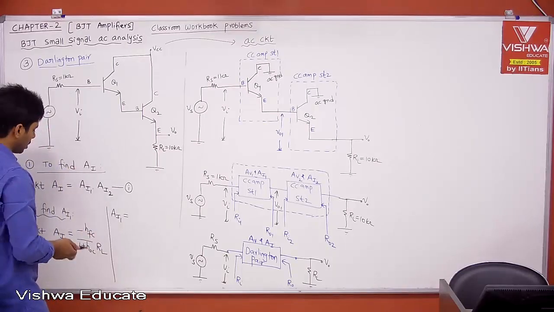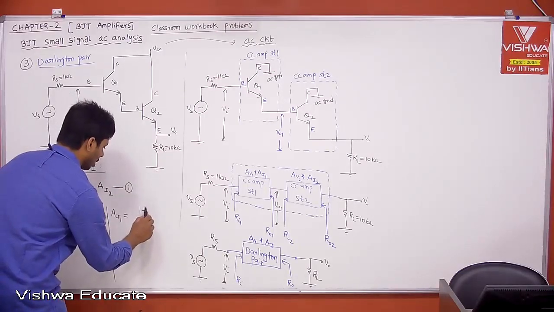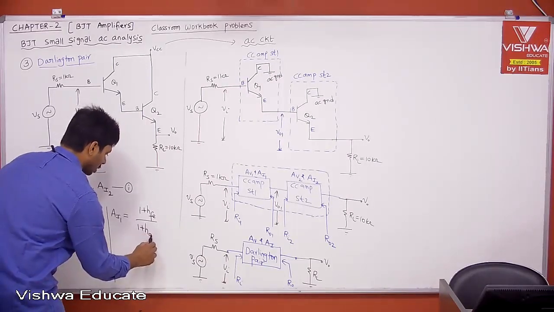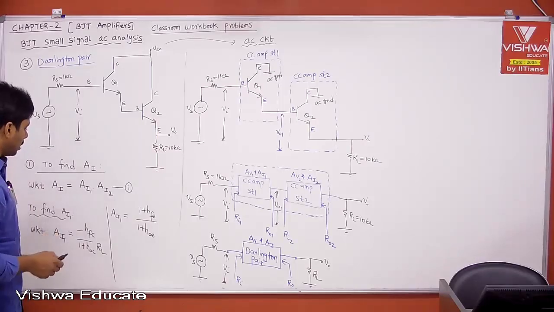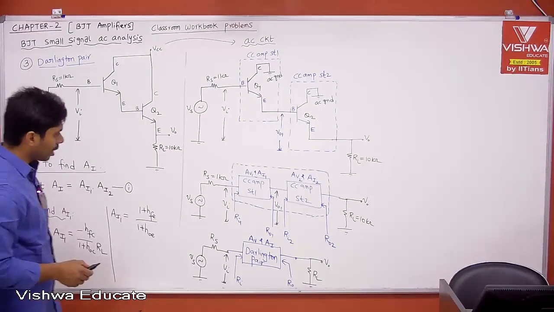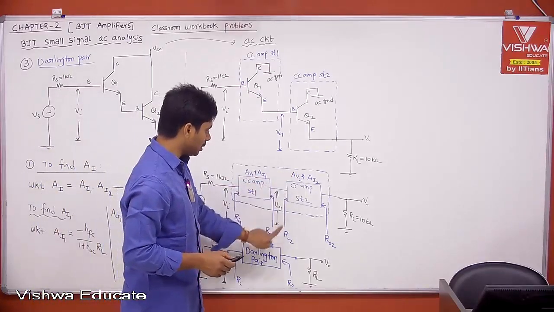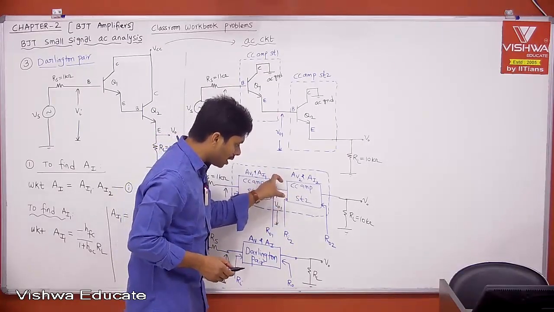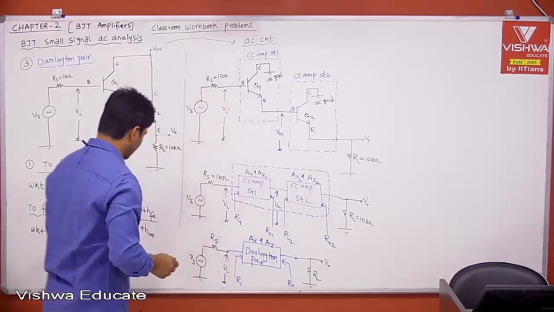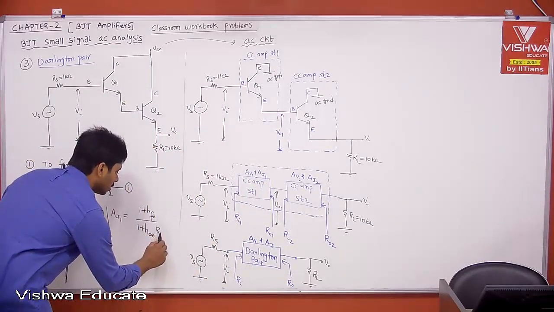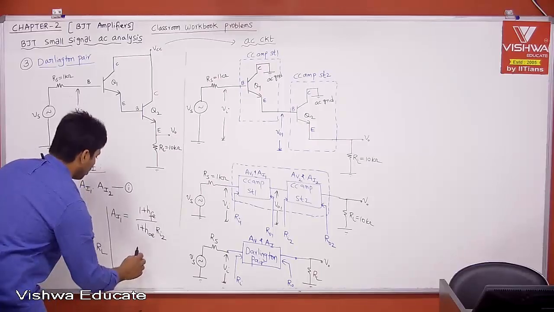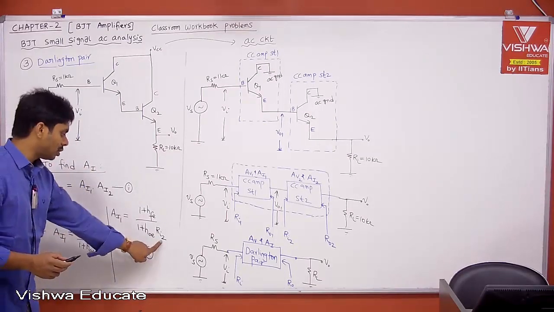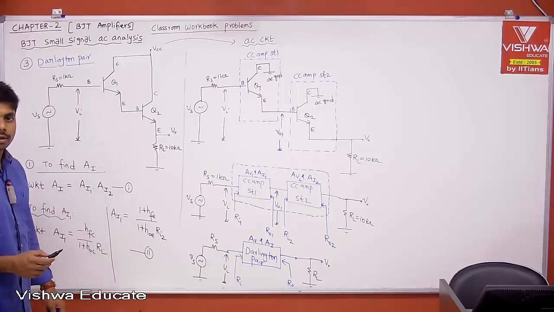Let me convert to CH parameters, or your wish. Therefore, that is nothing but 1 plus HFE divided by 1 plus HOE into RL. RL is nothing but the load resistance for the first stage. For the first stage, what is the load? That is the input impedance of the second stage. The effective impedance seen from the input port is the load for your stage 1. Therefore, can I say this is Ri2, the second stage input impedance. Therefore, call this equation 2. Now, if you find Ri2, then only you will find AI1. Okay.